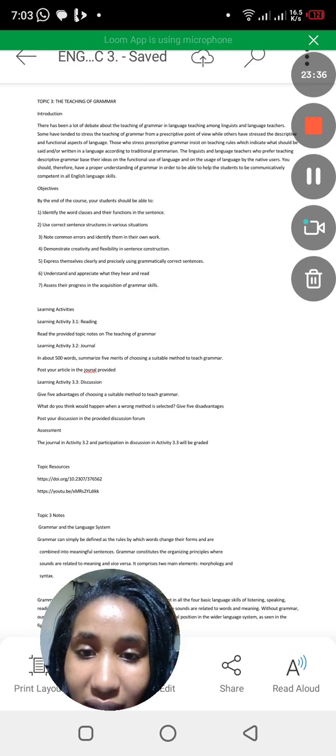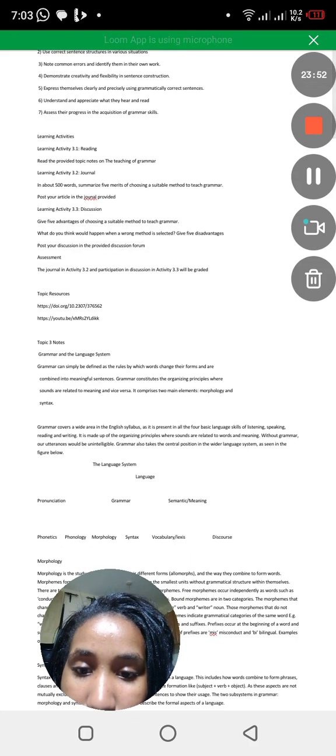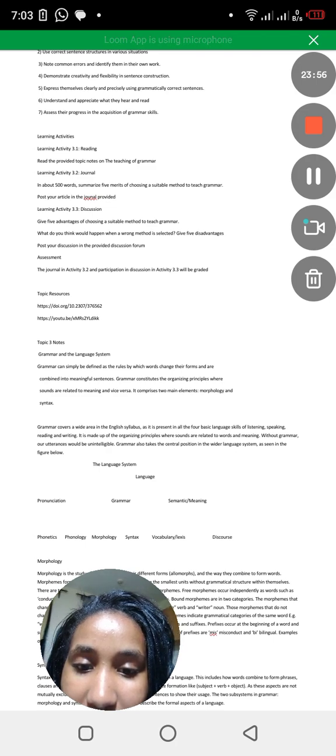This describes the range of items in a language. Syntax includes how words combine to form phrases, clauses, and sentences. It also deals with word order in sentence formation, for example, subject, verb and object. As these aspects are not mutually exclusive, you should teach them in complete sentences to show their usage.